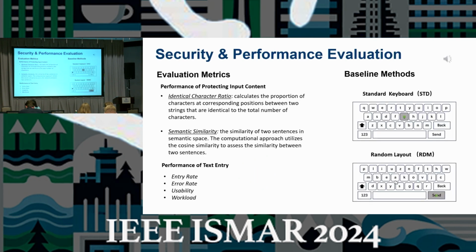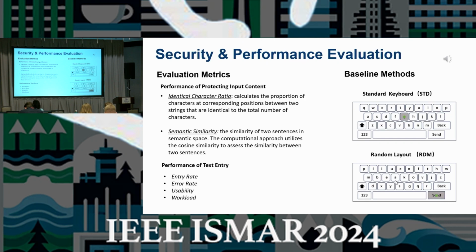To assess the efficacy and the influence of the two approaches on both security and typing efficiency, we established two baseline benchmarks: a standard keyboard layout and a randomly arranged keyboard. In the user study, we defined identical character ratio and symmetric similarity to assess the performance of the designed approaches in protecting input content.